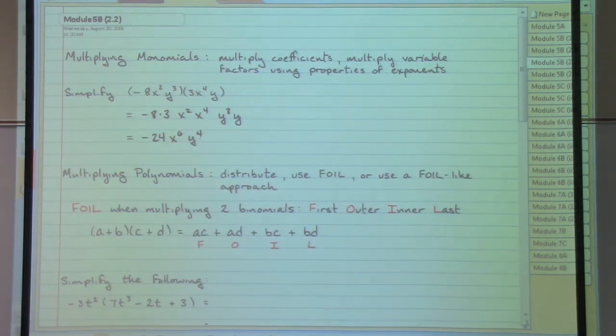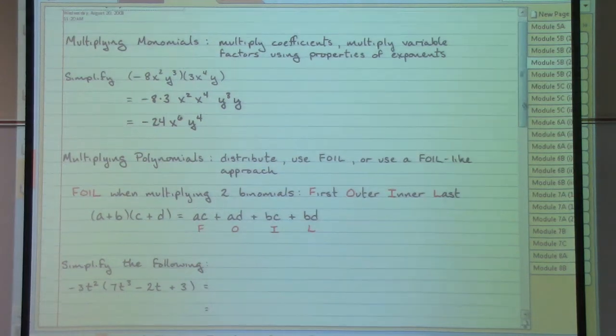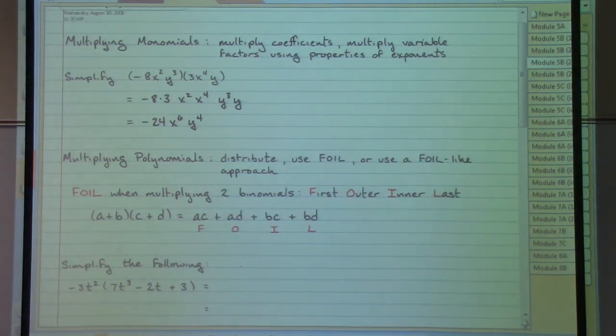We're going to want to take that monomial from out front, that negative 3t squared, and we're going to want to attach it to each of the terms inside the parentheses.